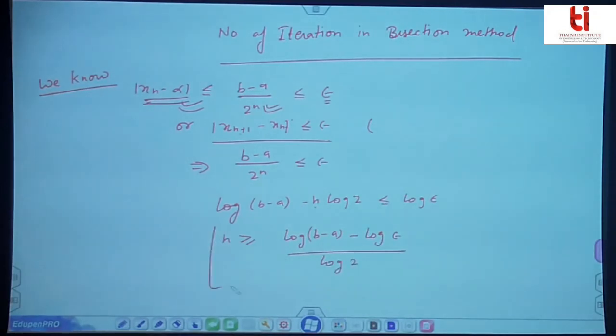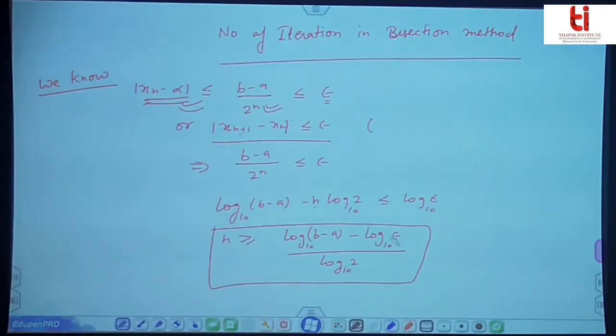It could be base 10 or natural, it depends, you can take any. So this is the result for the number of iterations required to get desired accuracy in bisection method. Here b and a are the endpoints of the interval in which the root is lying. Epsilon is the tolerance and log 2 you can compute.